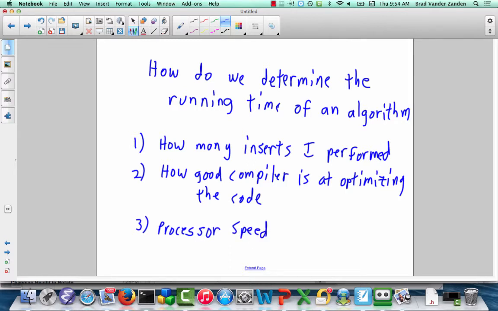If I told you it took 10 seconds, then you should want to know, was that back in 1980 when it was running on super slow processors, or is this in 2015 when we're running on processors that are, I don't know how much faster they are now, but probably several thousand to several 100,000 times faster.